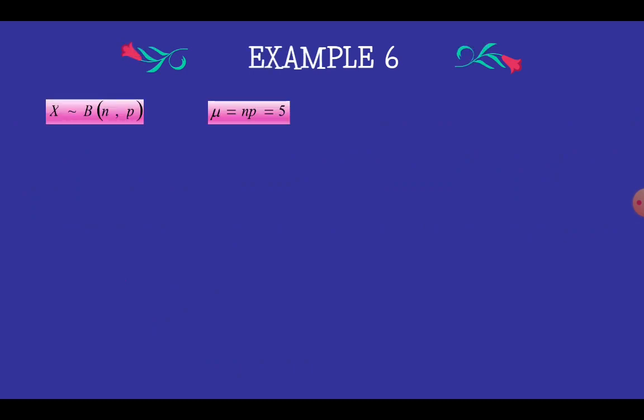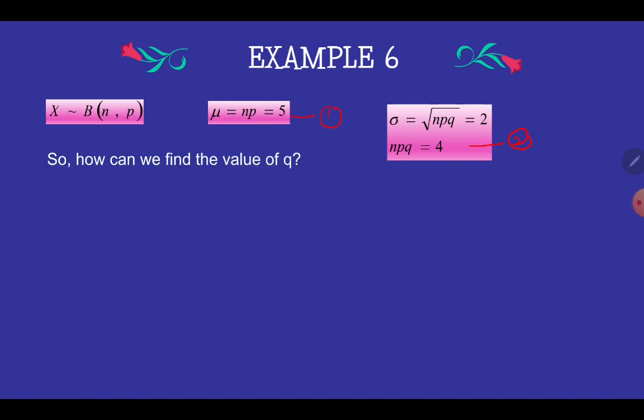Okay, next. Okay, this is binomial. Actually, as we can see, we have 2 pieces of information, in which this is equation 1 and this is equation 2. So how can we find the value of q based on these 2 equations?